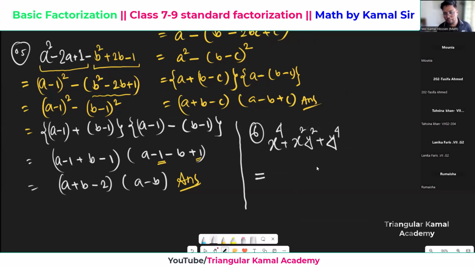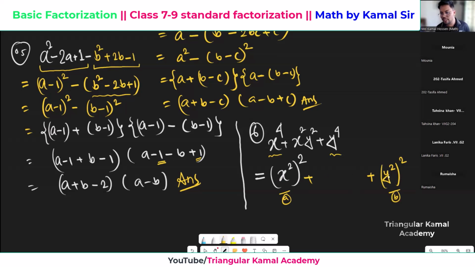Okay, if we apply here, x to the power 4 we can write as x square whole square, and y to the power 4 we can write as y square whole square. So now consider this one is A, this one is B. So what will be the middle term here?